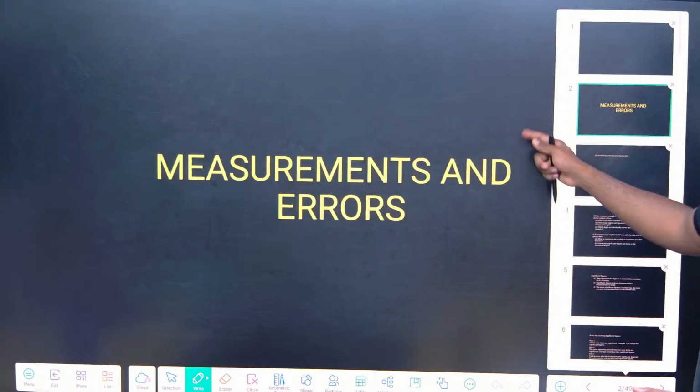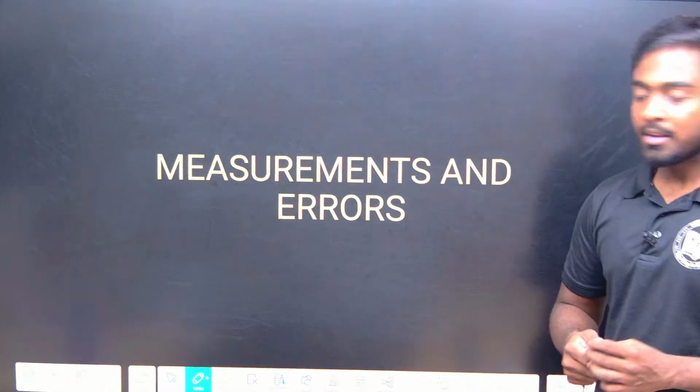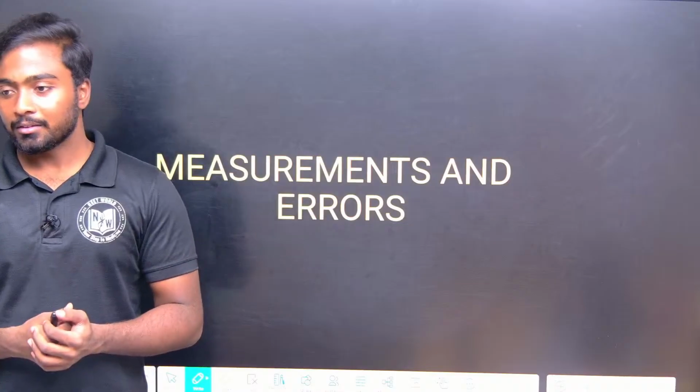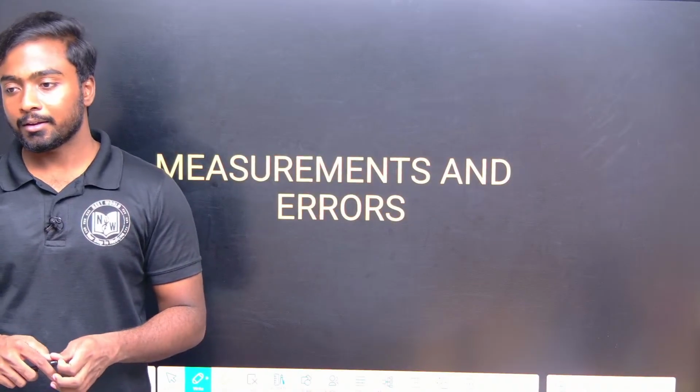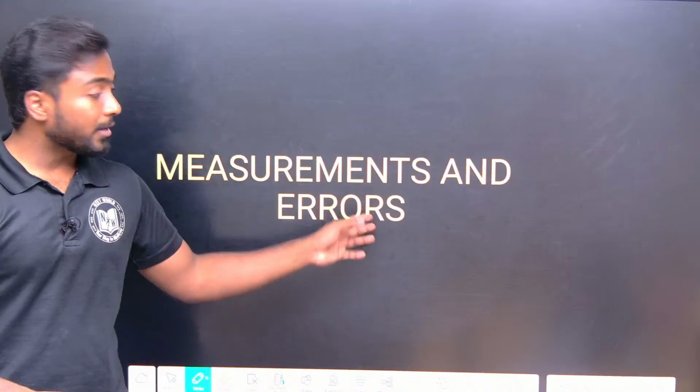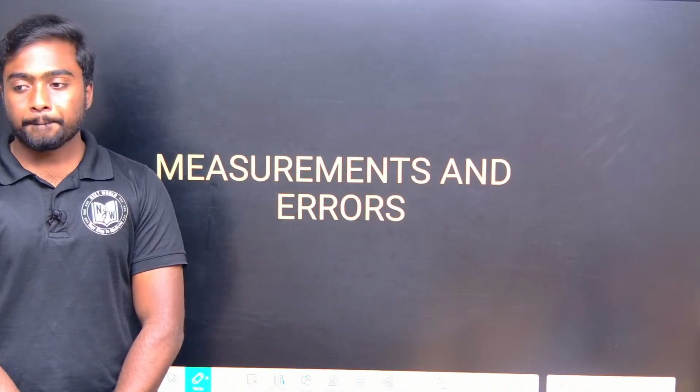The next topic is measurements and errors. What is the meaning of measurement? To measure any length or any physical quantity. What is the meaning of errors? Error in measuring the physical quantity.